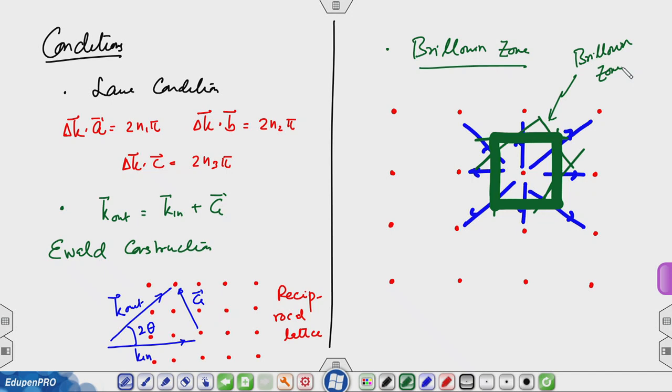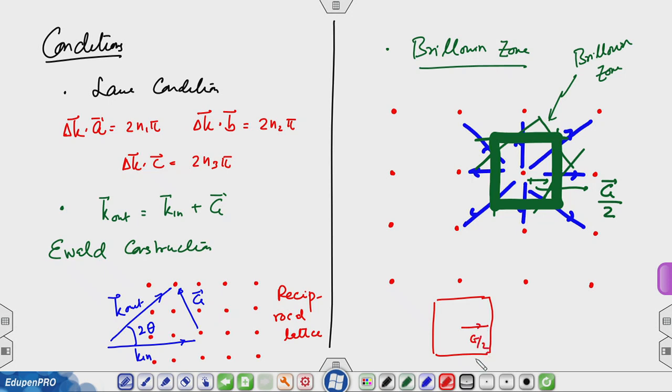Notice that to any of this boundary, the wave vector or the vector is g by 2. So, if I look at this Brillouin zone, let me make it here now in thin font. This vector is g by 2.